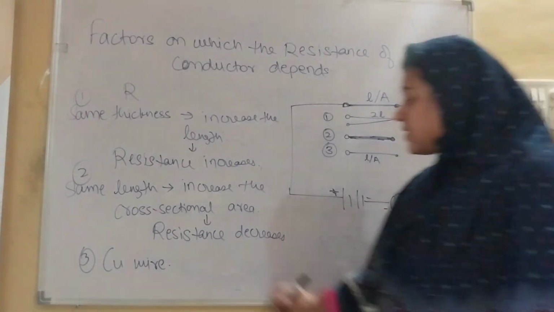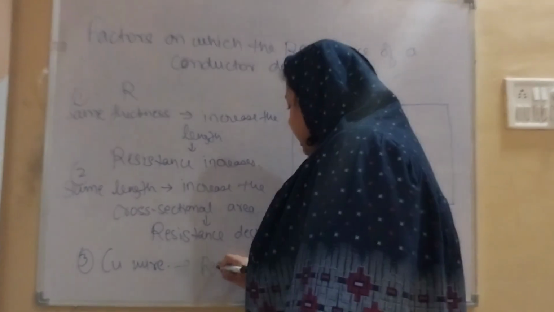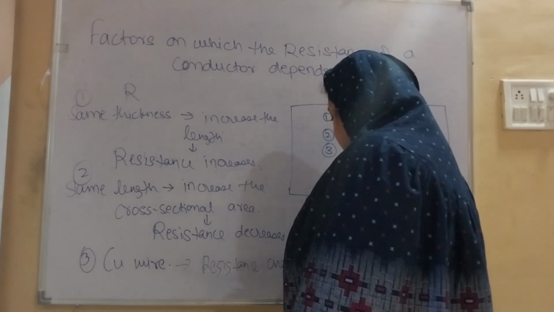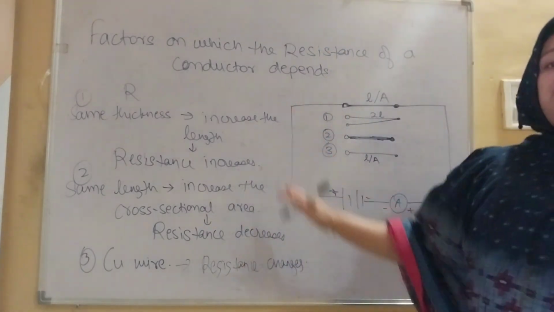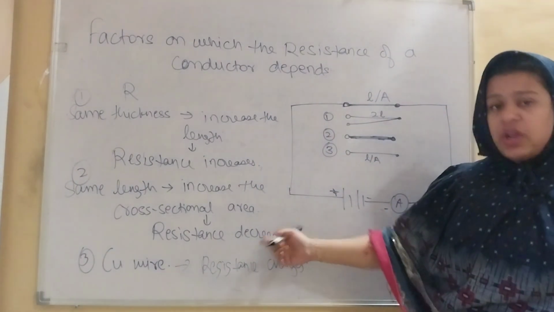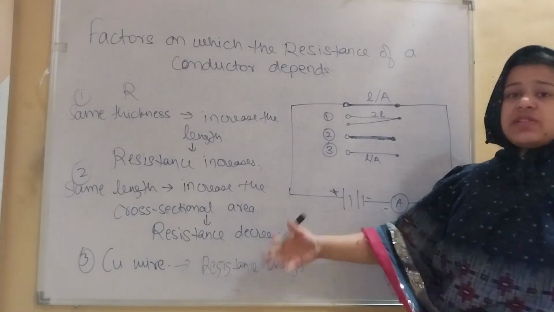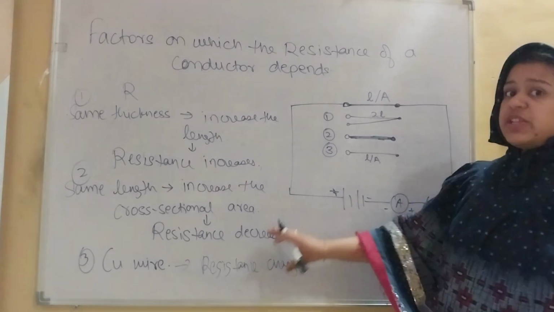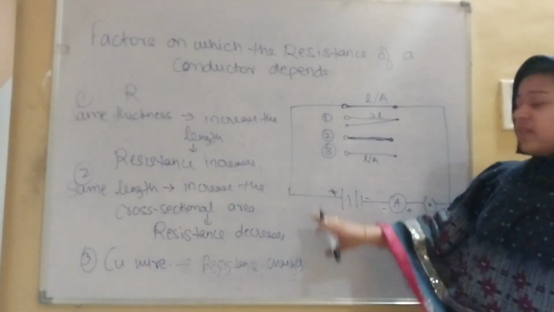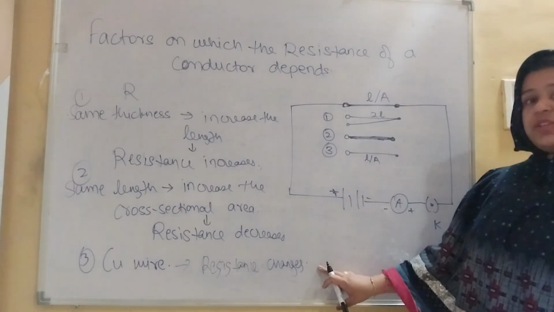So in this case we note that again the resistance changes. Okay, so in all the three cases, even if we change the length, we change the area of cross section, or we change the nature of the material, we note that the resistance of the wire changes.